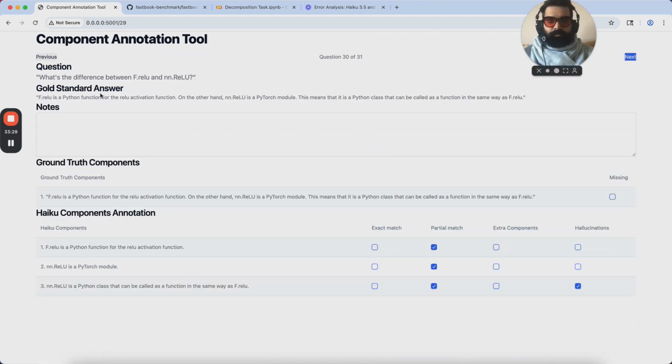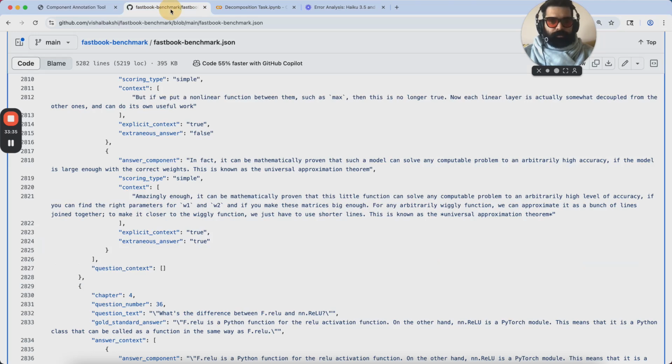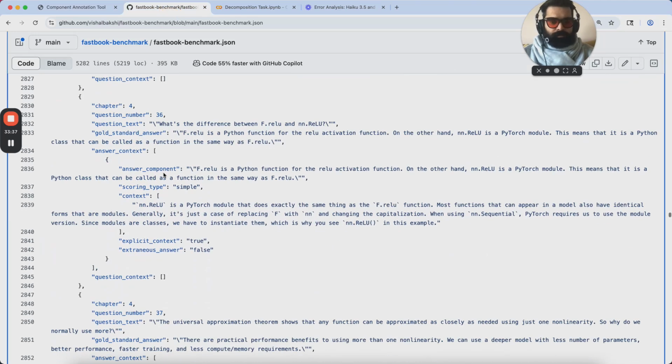What is the difference between F.relu and nn.ReLU? Okay, let's look at that. nn.ReLU is the same thing as the F.relu function. So I think that can't be separated. It's one sentence.